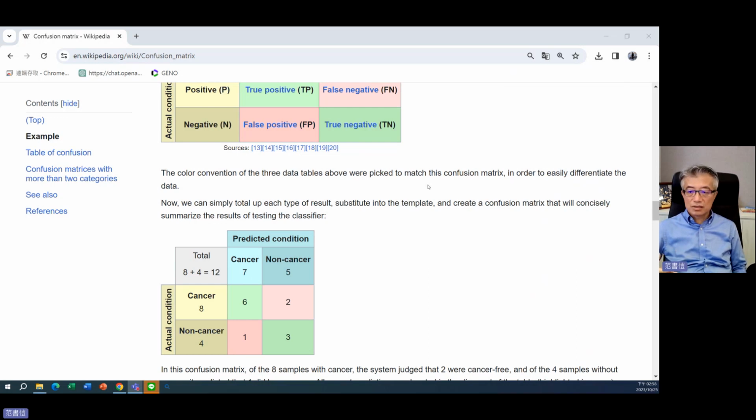So now we can simply sum up each type of result, substitute into the template, and create a confusion matrix that will concisely summarize the result of testing the classifier, known as assessment or evaluation of the classifier under investigation.